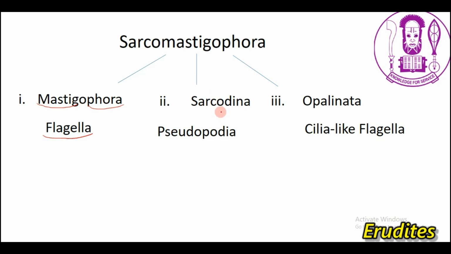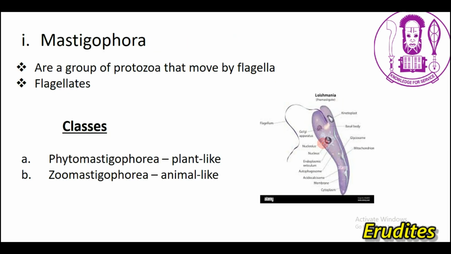Then we have Sarcodina, and these are a group of protozoa that move with the help of pseudopodia. Then we have the subphylum Opalinata, and they move with cilia-like flagella. They are not cilia, they are not flagella, but they are flagella-like. So they move with the help of cilia-like flagella. This is very important.